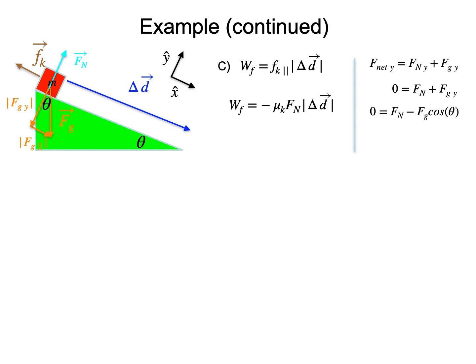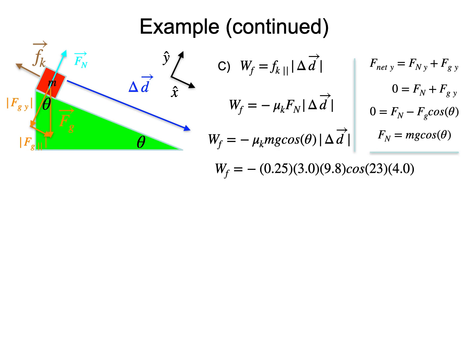Next, we can replace Fg with mg to get an expression for the magnitude of the normal force, which can be substituted in our equation for the work done by the frictional force. It is time to make the substitution of numerical values and use the calculator to find a numerical answer.